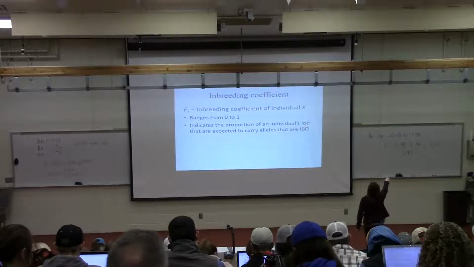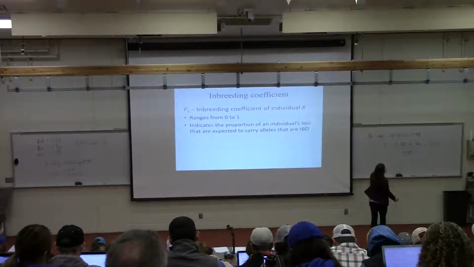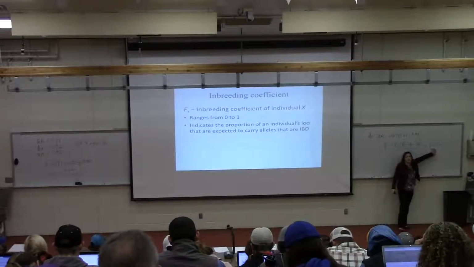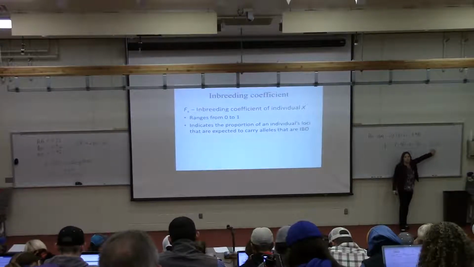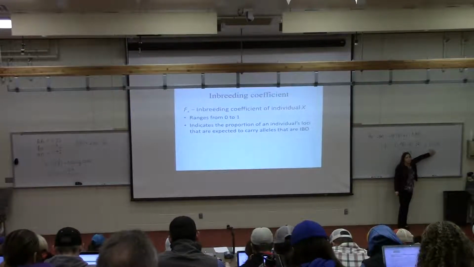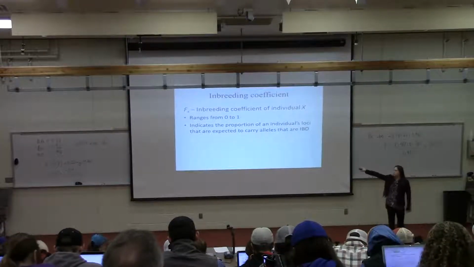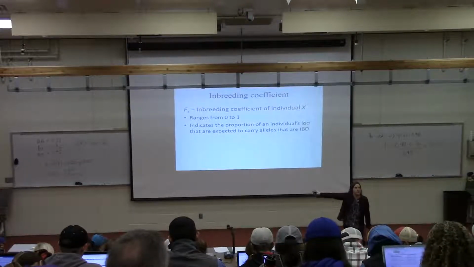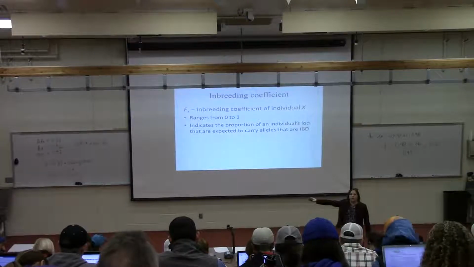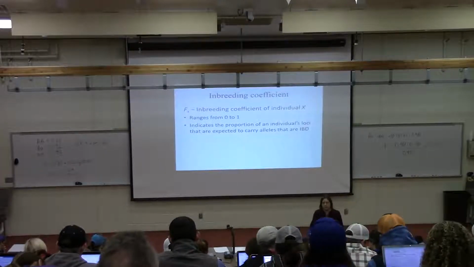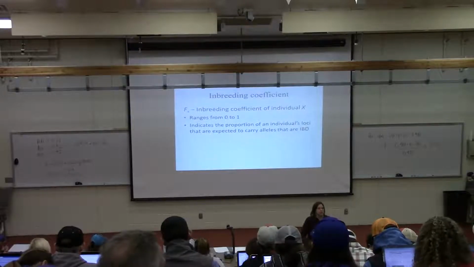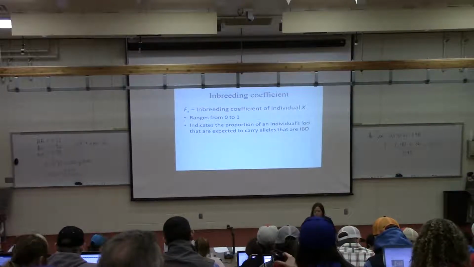So similar to this F when we were talking about the population, it's giving us a proportion of heterozygosity that's missing, or a proportion of homozygosity that we shouldn't see. Our F for our individuals is pretty much the same thing. It's saying how much identity by descent or homozygosity do you expect at any particular locus of that individual.